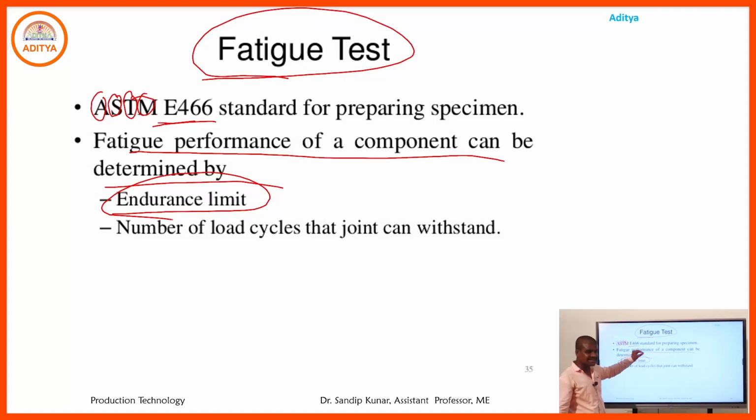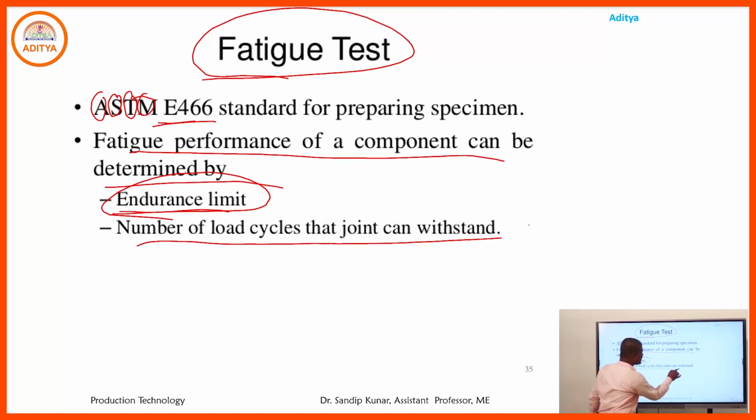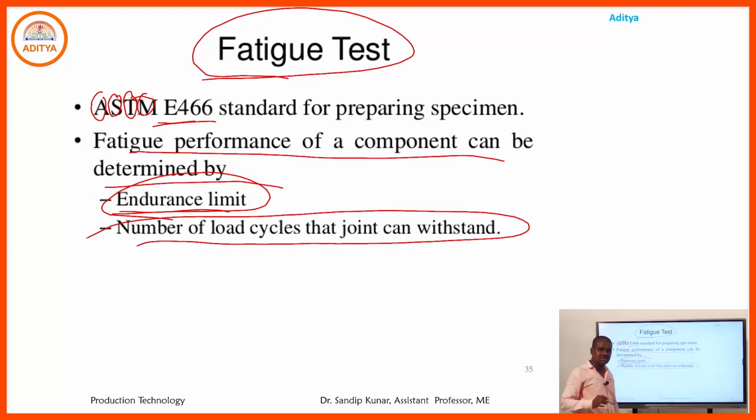Using the fatigue test we decide the endurance limit, up to which the weld can sustain. After that the weld strength will be destroyed. Another is the number of load cycles that the joint can withstand, meaning we apply the load continuously on the specimen, and due to continuous application of load the material will fail. Here we calculate the endurance limit in that test, and also the number of load cycles that the joint can sustain.